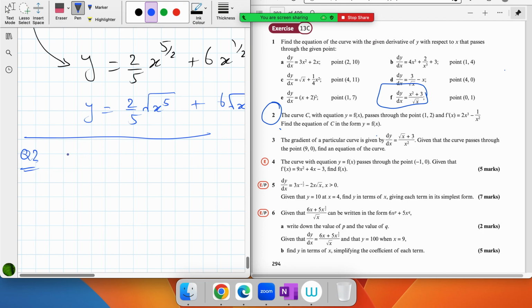Question number 2. I'm solving it slowly.